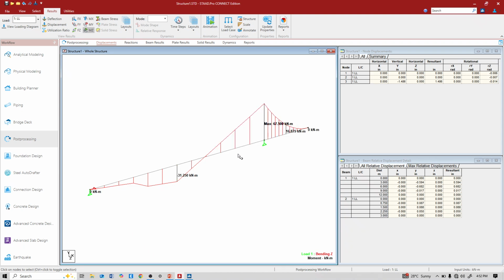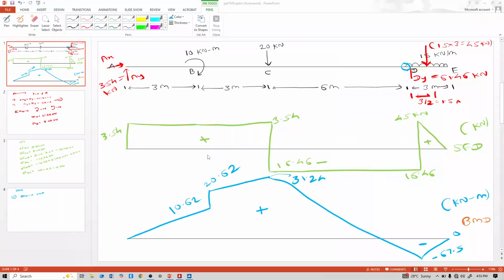Annotate close. So STAAD negative bending moment means sagging bending moment. STAAD positive bending moment means hogging bending moment. And in our manually calculated, positive bending moment means sagging bending moment, and negative bending moment means hogging bending moment. This is the difference.